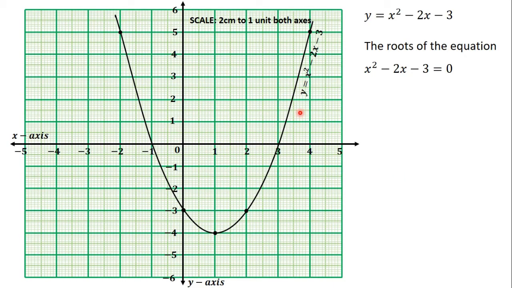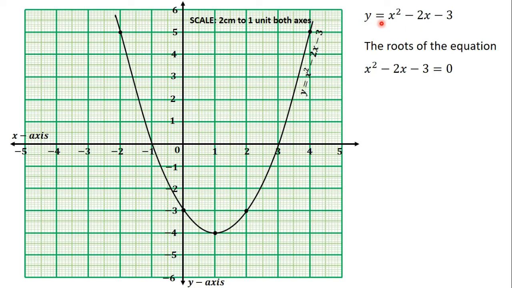So this is the graph of the function y is equal to x squared minus 2x minus 3. We drew the graph of this function on the graph sheet. The question wants us to use the graph to find the roots of the equation x squared minus 2x minus 3 is equal to 0. If you look at this equation carefully, you can see that we got the equation by equating the function to 0.